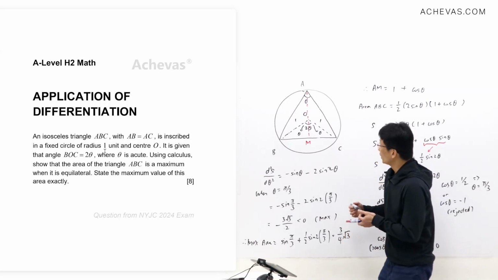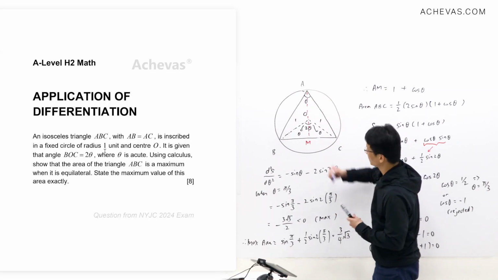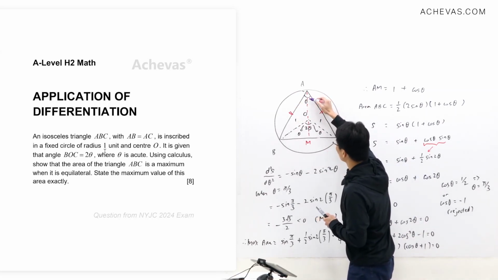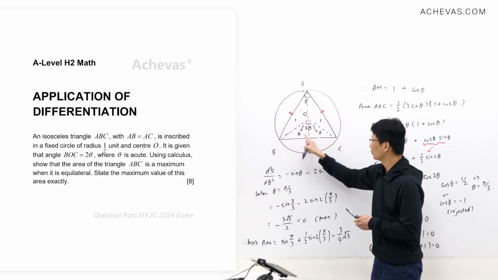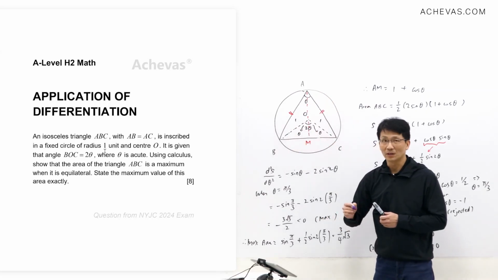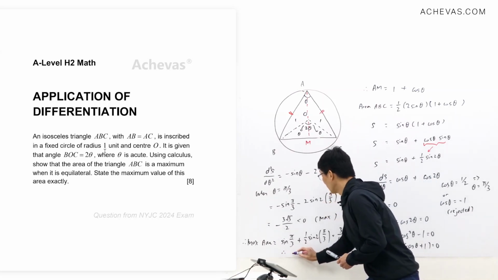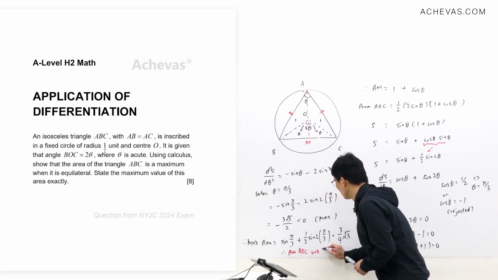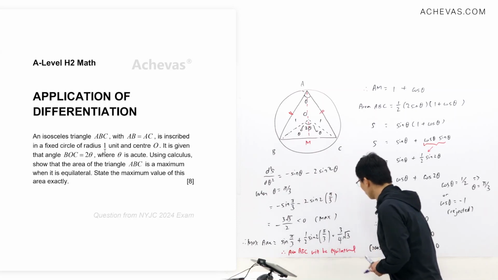So we have theta equals pi over 3, and we know that it is an isosceles triangle. If this is pi over 3, then these two angles will also be pi over 3, pi over 3, therefore it's an equilateral triangle. Therefore, the area of ABC is a maximum when it is an equilateral triangle.